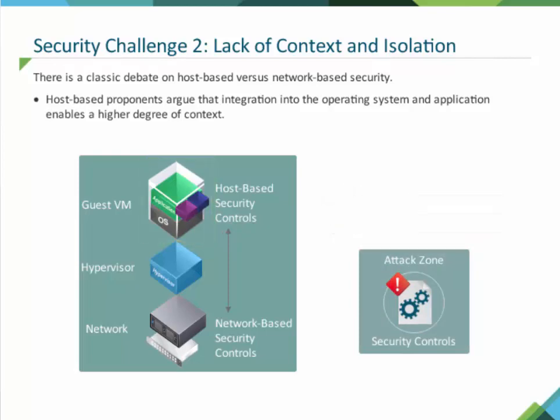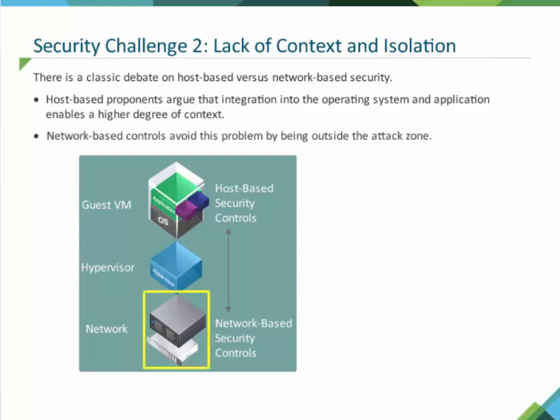It disables antivirus. Network-based controls avoid this problem by being outside the attack zone. But for the most part, they have no idea what is happening with the application, process, file, or user. So you have to make a choice. Do you want meaningful controls, context, or do you want effective controls, isolation?